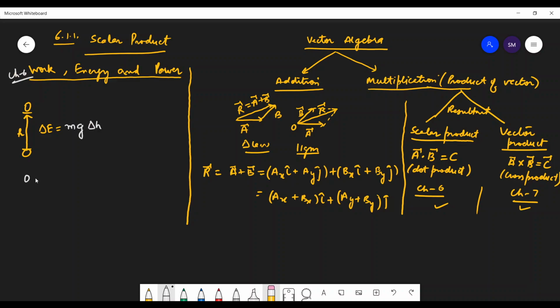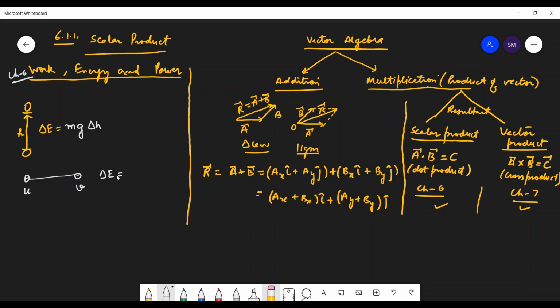Now I am pushing a ball, and this ball has acquired a velocity v; its initial velocity was u. So the change in energy here is the kinetic energy. It's on the horizontal plane, so there is no change in potential energy, but there is a change in kinetic energy.